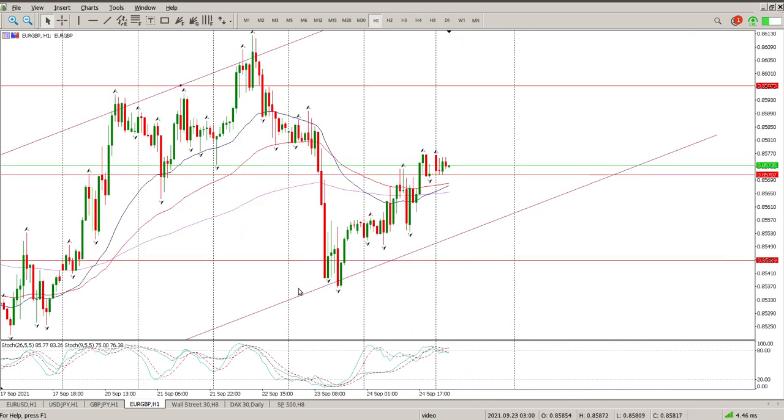At the moment, looking at the hour, you can see the rejection attempts at the 155 and then back above it, and we've got a crossover. This area that we're in, which roughly lines up with the gap, is what we need to pay attention to: 0.85700 or 707. If we can hold this and start breaking to the upside, that would be an opportunity.